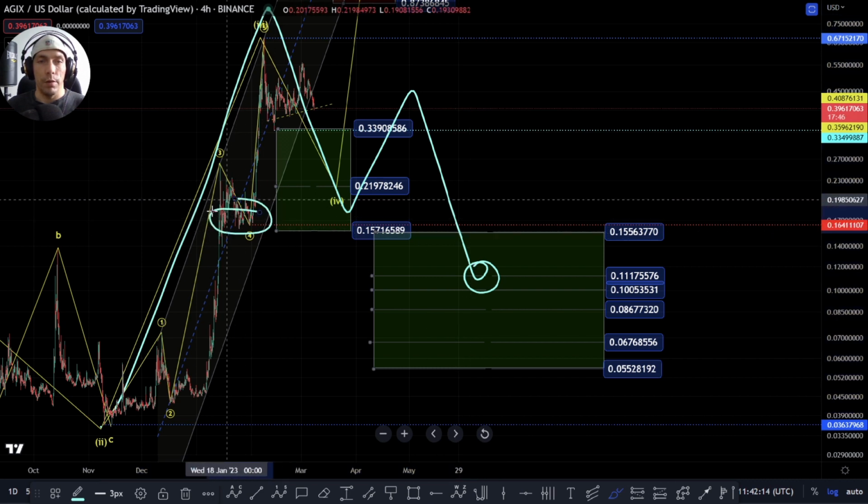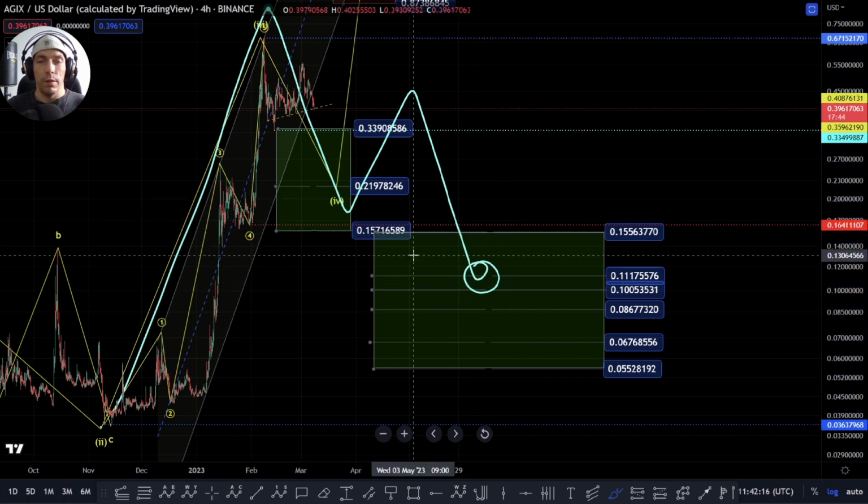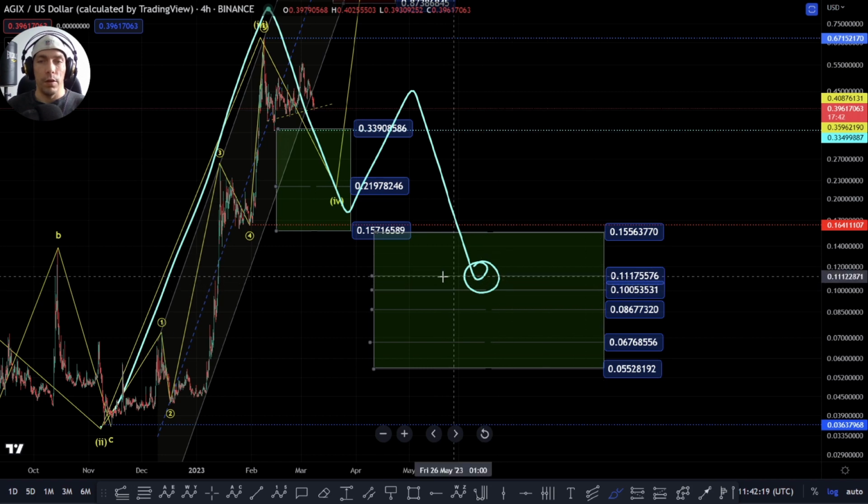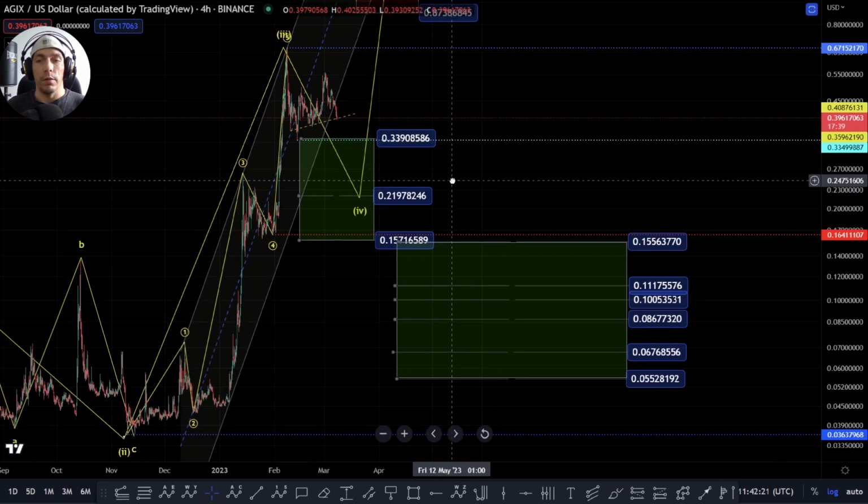Might be an interesting one in line with this previous fourth wave. Or alternatively, if it comes down deeper, the 0.618 might be an interesting zone lower down.